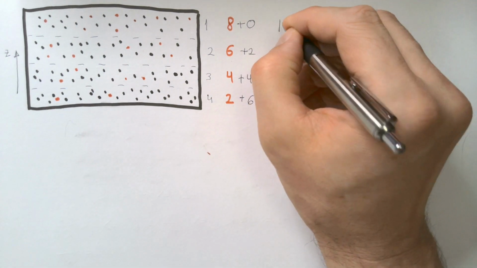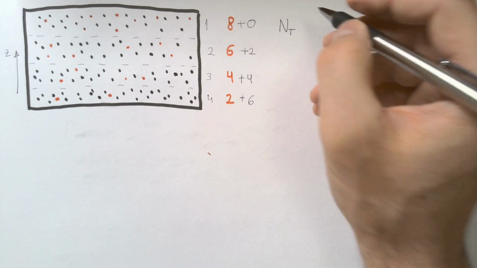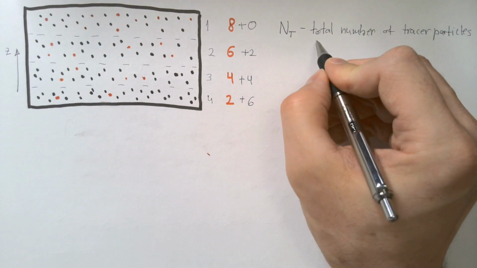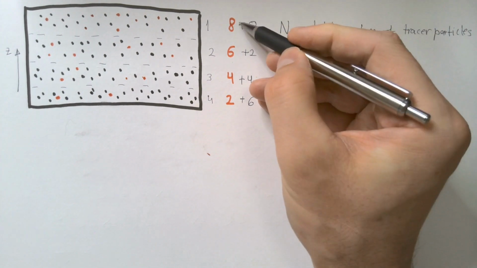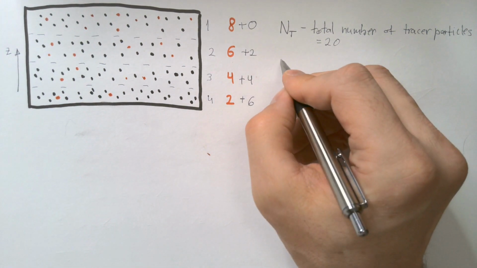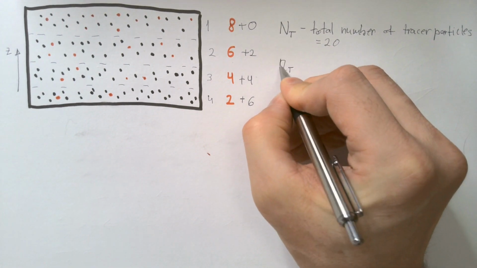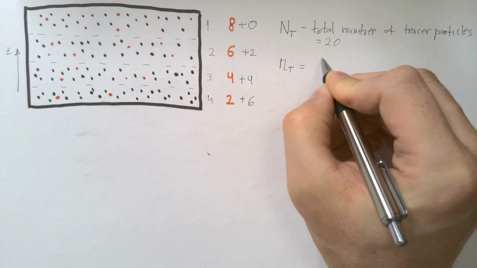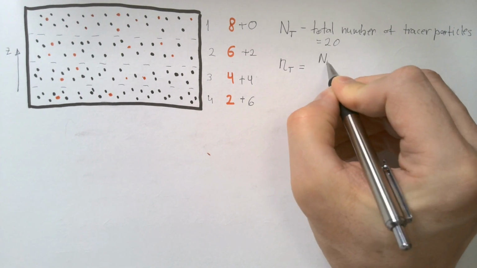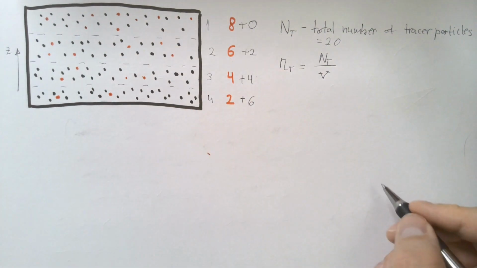Now let us say that capital NT is the total number of tracer particles, which clearly would be 20. 8 plus 6 plus 4 plus 2 is 20. We will define the number density of tracer particles as small nt, and that is, as always, the total number of particles divided by the volume of this box.